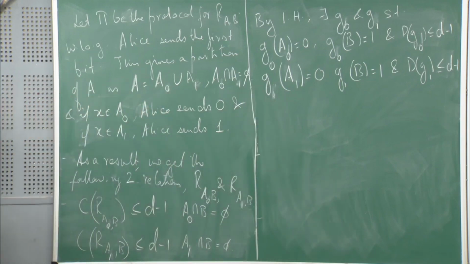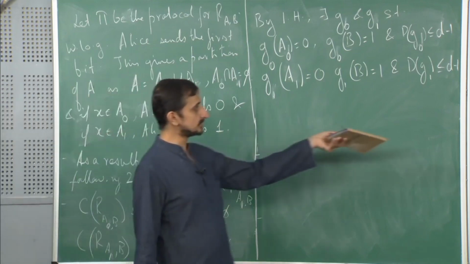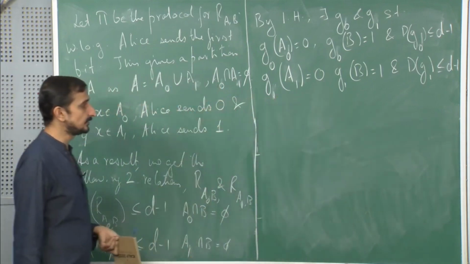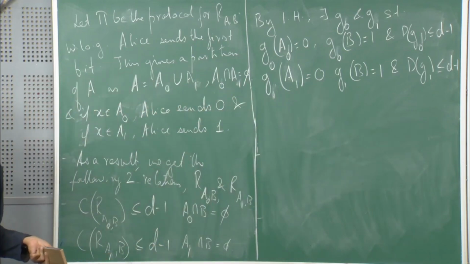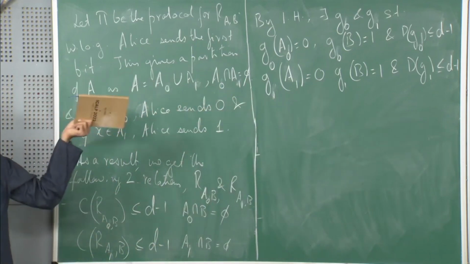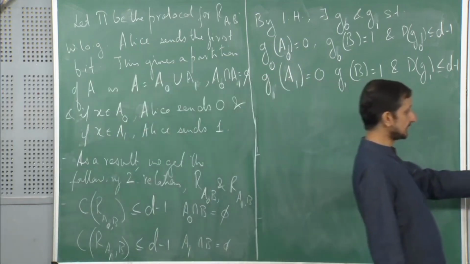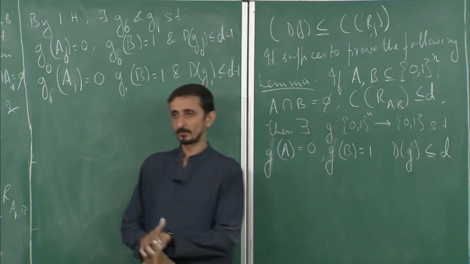Now, what we have to show is that the claim is true for D now. So, using this G0 and G1, how can I build a G such that D of G is at most D?